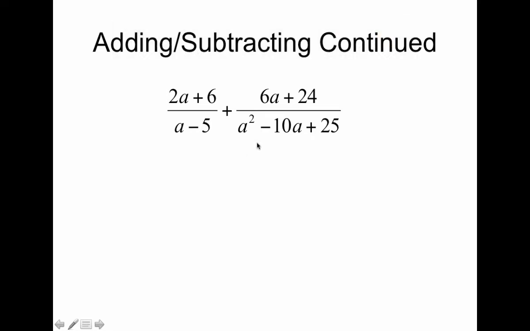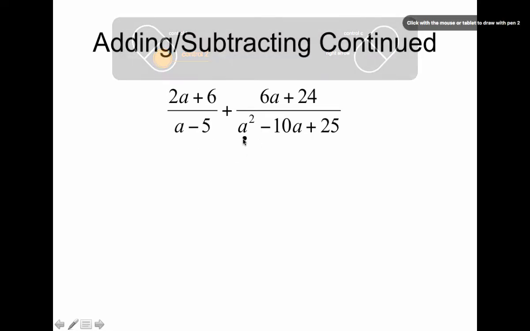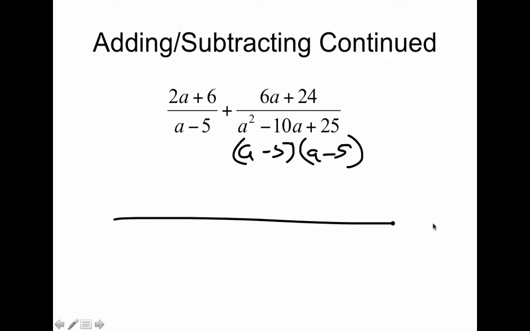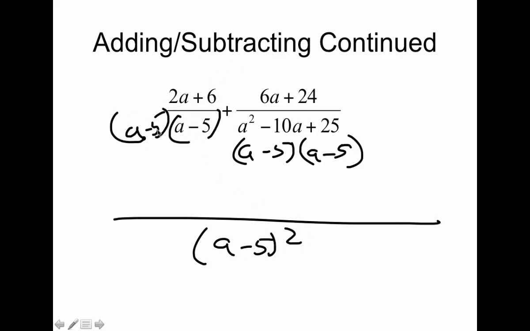Again, common denominator, always start by factoring. A minus 5, a minus 5, oh, that's a minus 5 squared. So my common denominator will be, I need a minus 5 squared. And then on the top, this one's going to need another a minus 5.